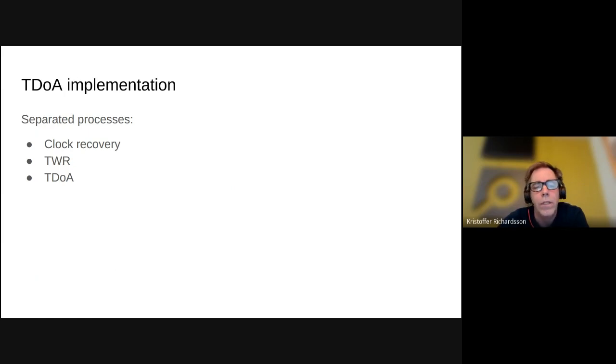So we have one piece of code that is keeping track of clocks, and then this is used by the TDOA code and so on. So the equations look different, but they are essentially the same in the end. It's just an easier way of doing it in software.